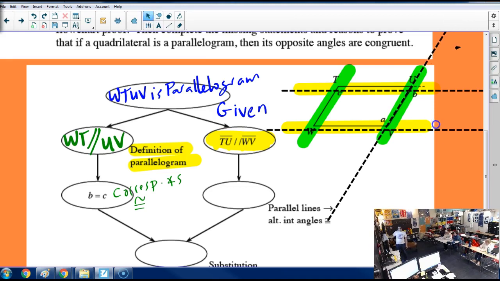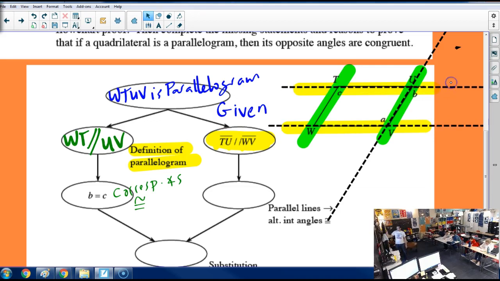Imagine, and actually extend on your paper if you want to, if all of these lines go further than they actually do. Right, now it's easier, and they kind of started extending that top line, but now it's easier to recognize angle A is congruent to angle B, and they already gave us the reasoning. Alternate interior angles. So A and B are our alternate interior angles. Now, technically, we don't have the lines out there till we extend them, but we can still kind of make that claim because we know that.